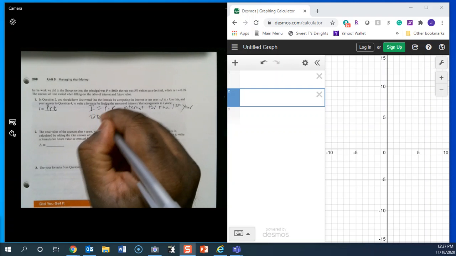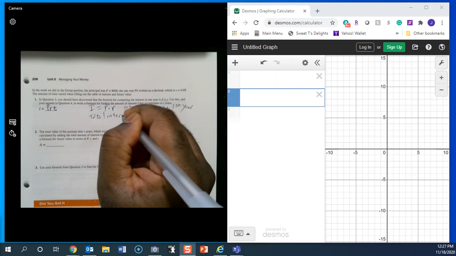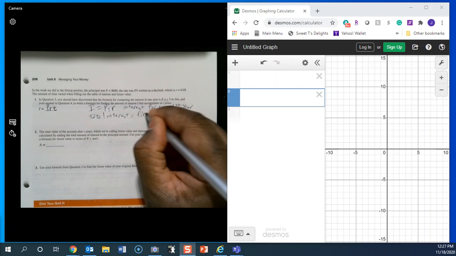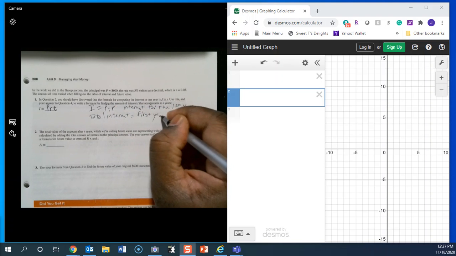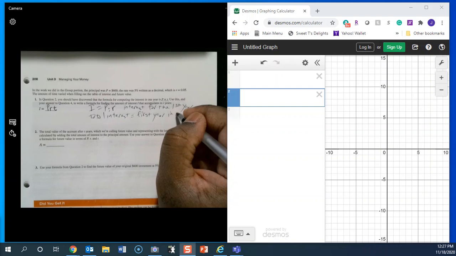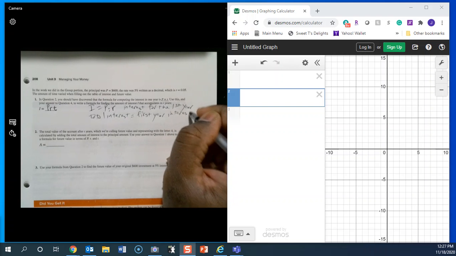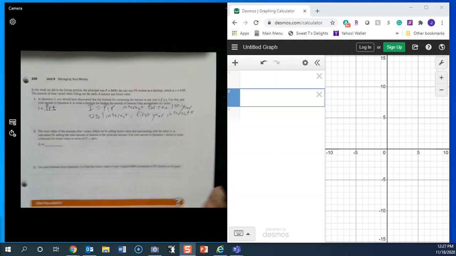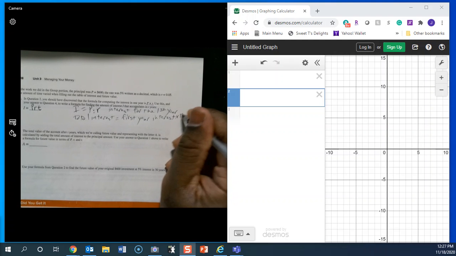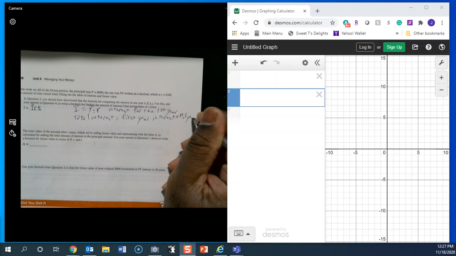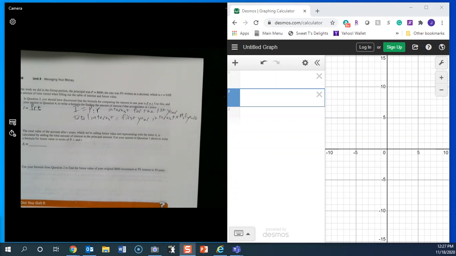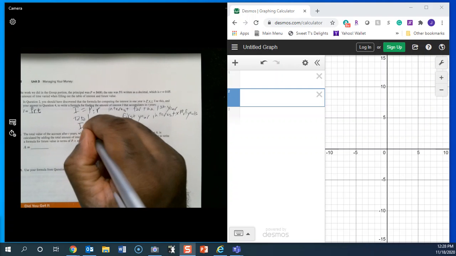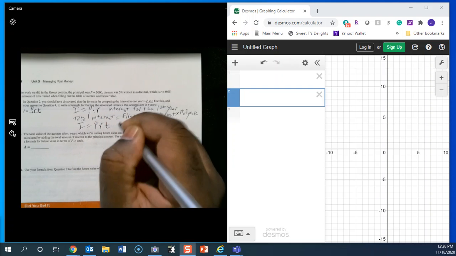Total interest is the first year interest multiplied by the number of years. So that is how we get I equals PRT.